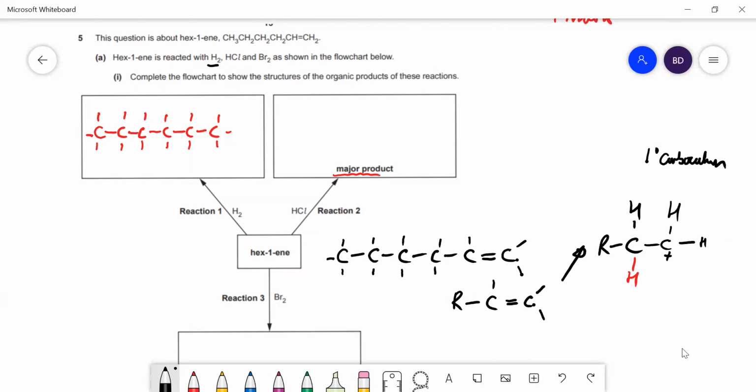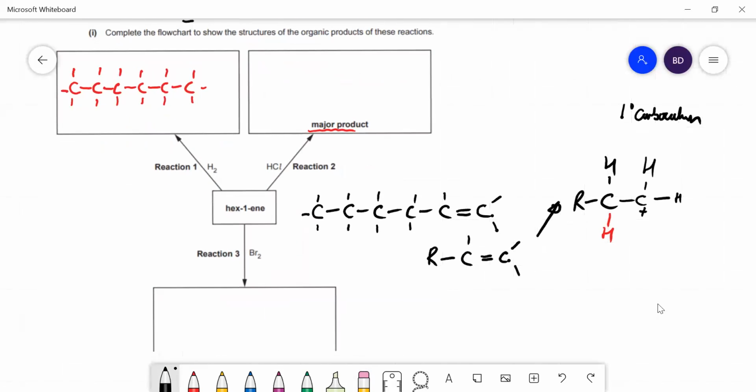Alternatively, the hydrogen could stick on the other carbon. I draw this here, the blue one, so you could end up with the hydrogen sticking on the end carbon, and that would give you a secondary carbocation, and that would give you the 2-bromo. The bromine would then stick on that carbon.